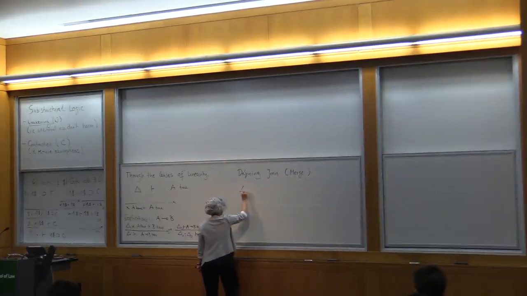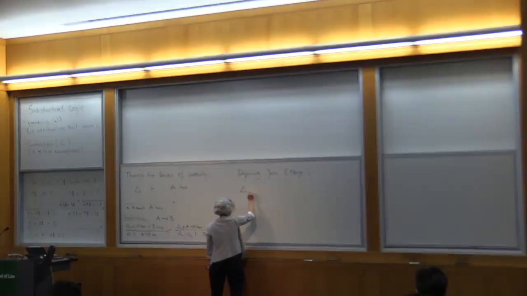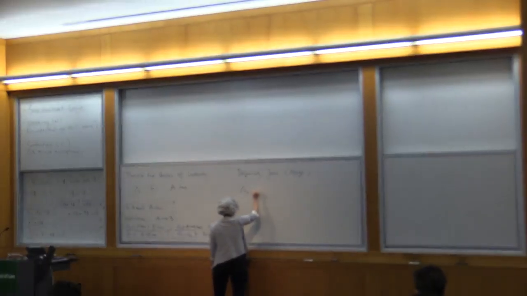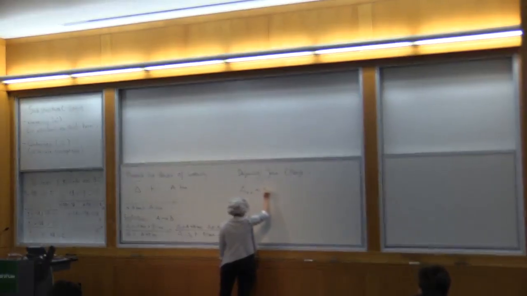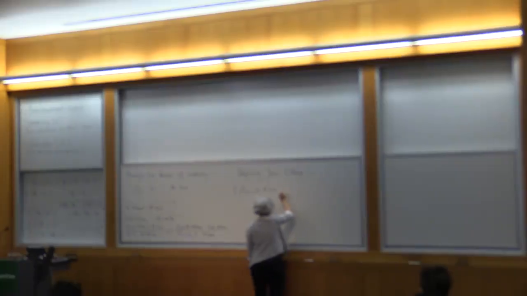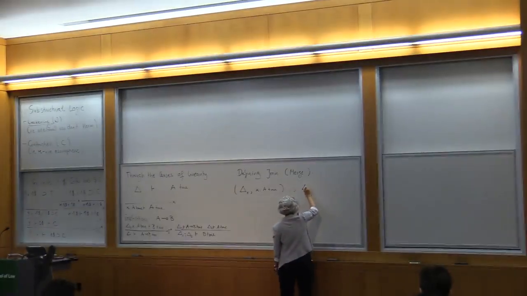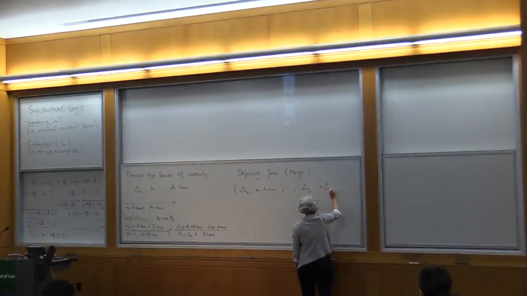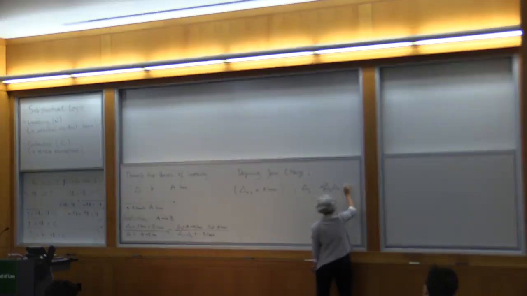So you have here one list of assumptions, and you have here an x that is a true. And you want to combine this with delta 2. Well, then you have combine delta 1 and delta 2, and then you add an x.